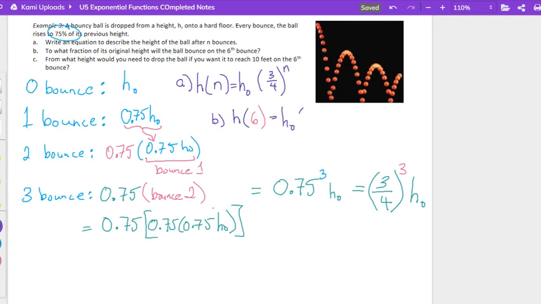So it's going to be h naught times 3/4 to the power of 6. Let's remember that when I have a fraction, both numerator and denominator get that exponent. So I've got 3 to the power of 6 over 4 to the power of 6.